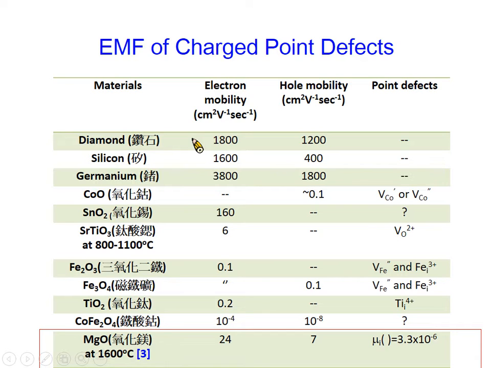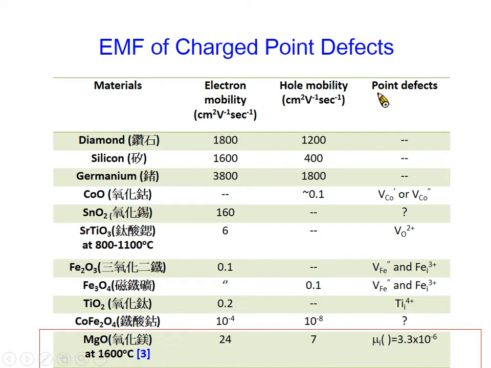I'll give you 5 seconds to answer this. Okay, the answer is that the concentration of defects is very, very low. So the concentration is low, times the mobility, even if it's high, the total contribution to the electric conductivity is still low.